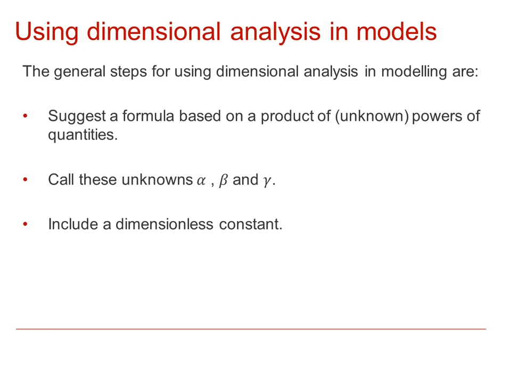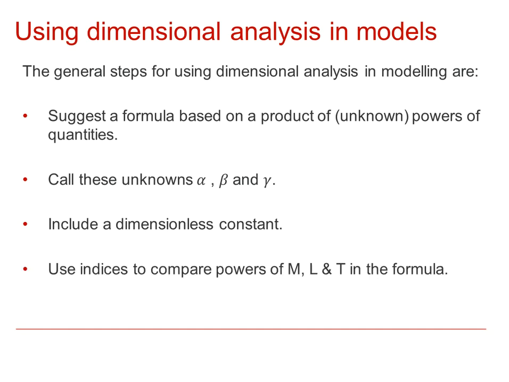And once we've done that, we use indices to compare the mass, length and time on both sides of the equation to come up with a deduction for the values of alpha, beta and gamma.